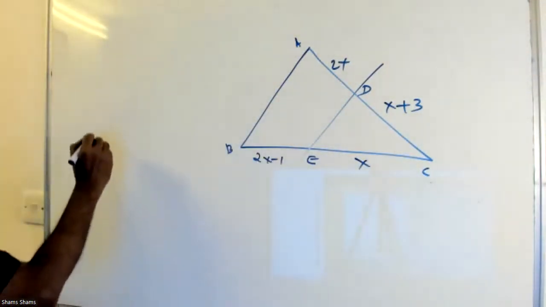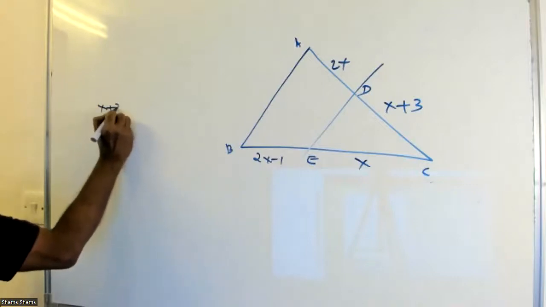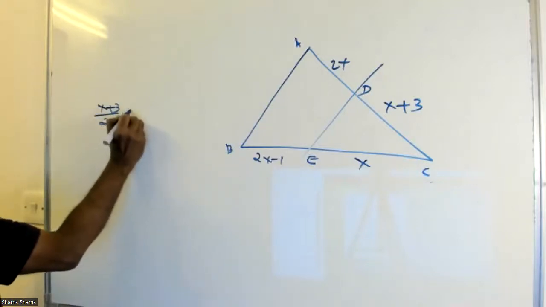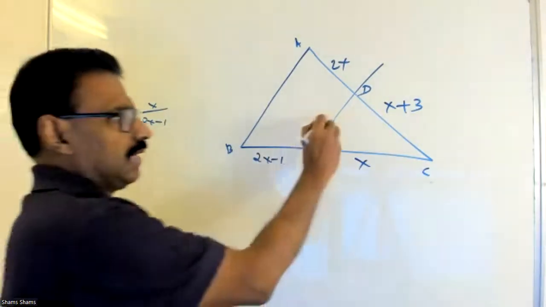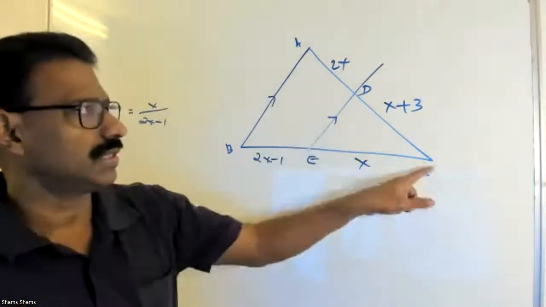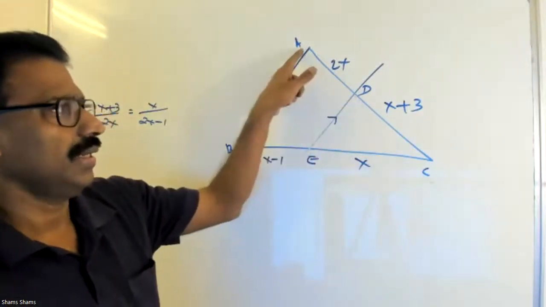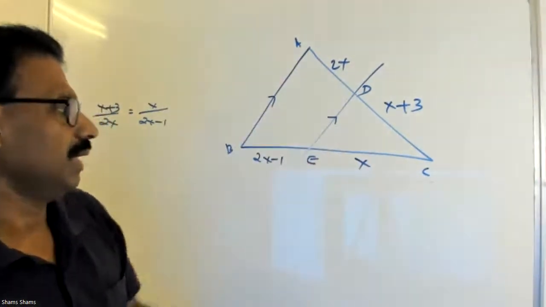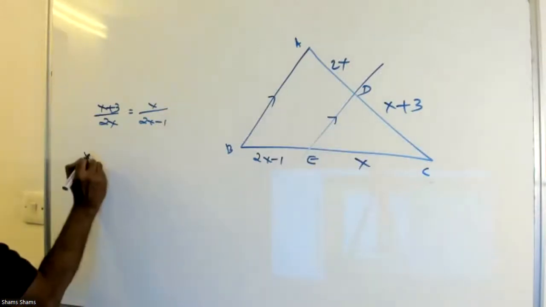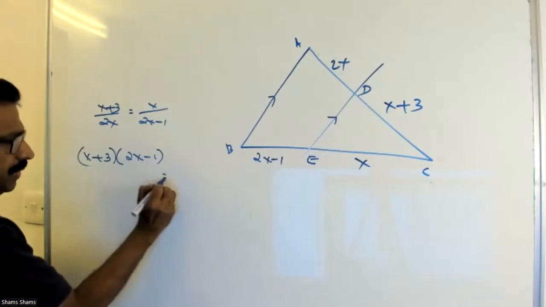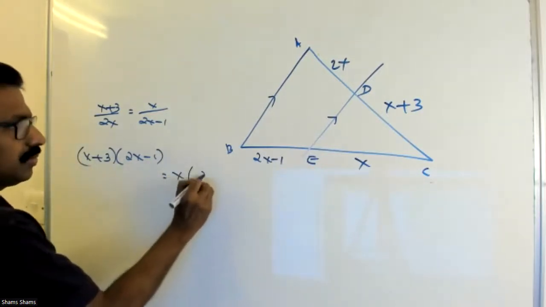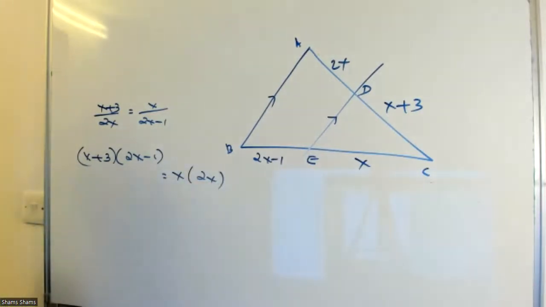So here x plus 3 divided by 2x equals x by 2x minus 1. Correct or no? This line is parallel here, so CD by AD equals CE by EB. x plus 3 into 2x minus 1 equals x into 2x, right? So it should be like 2x by x plus 3, right? Yeah, both are the same.